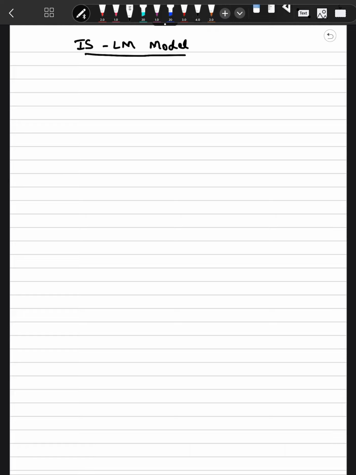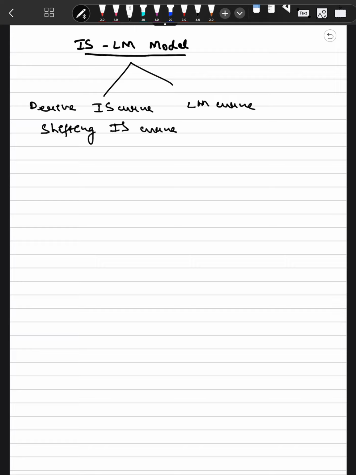Now, there are certain things that we are going to do in this. For IS and LM both, first we are going to derive the IS curve, and similarly we are going to derive the LM curve. Then we'll see what are the variables which lead to shifting of the IS curve, and what are the variables which lead to shifting of the LM curve, and thereafter we'll derive the slope.